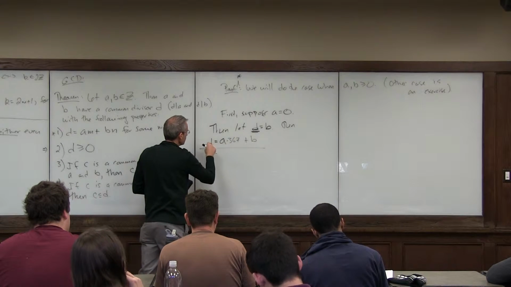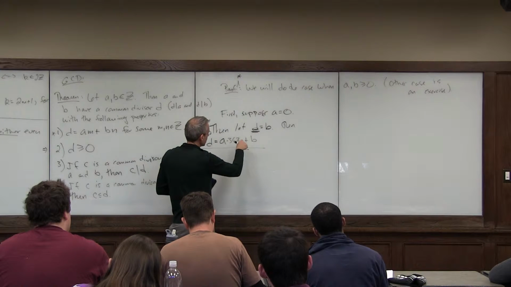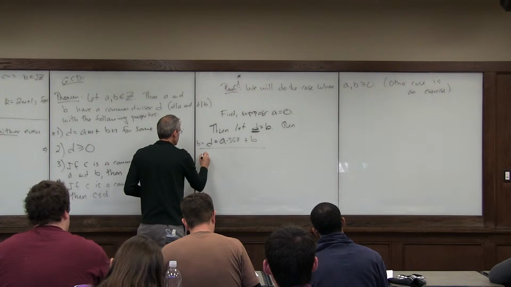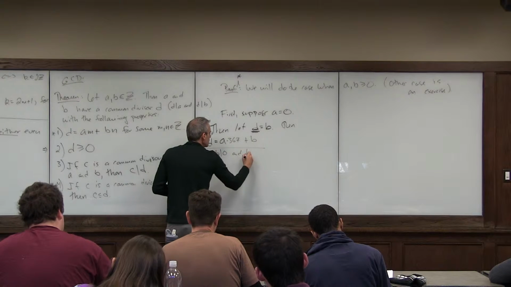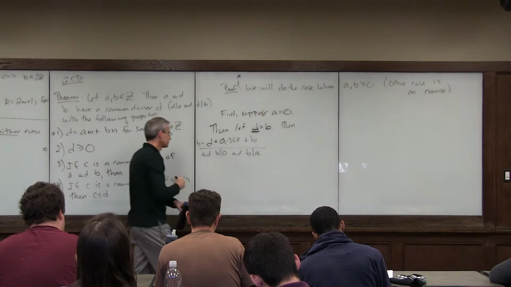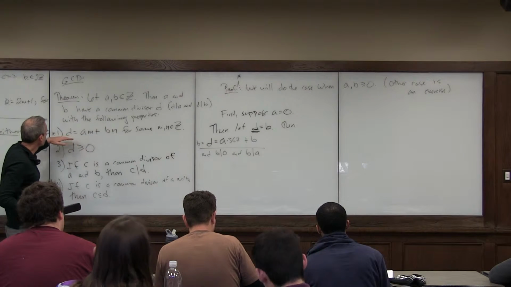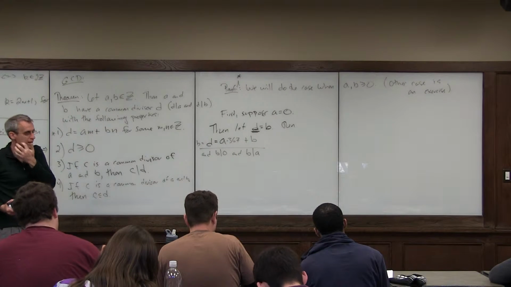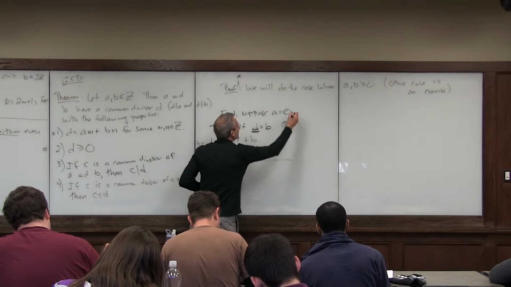D is B, so B equals D equals that 0 plus B, okay? And B divides 0, and B divides A. Okay, so I've done this, right? I found a common divisor, and I've written it as a linear combination of A and B. And so I'm done in the case when A equals 0.